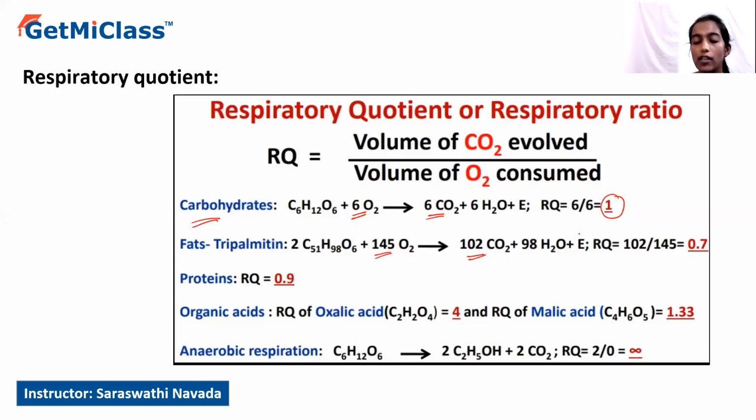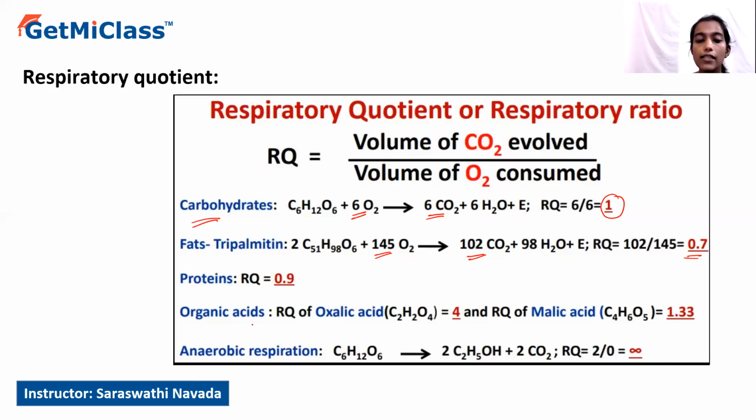So here, if you calculate the respiratory quotient, it will be 0.7. It will be less than 1. For proteins also, the respiratory quotient will be less than 1 because they require more oxygen for the complete breakdown of the protein, and the amount of carbon dioxide released will be less.